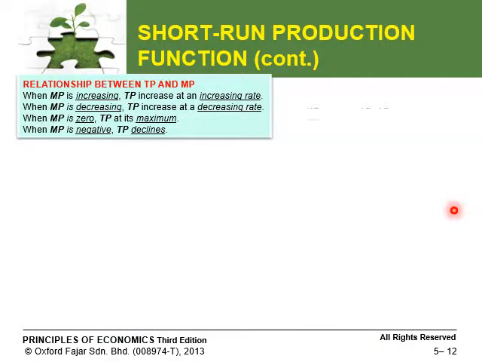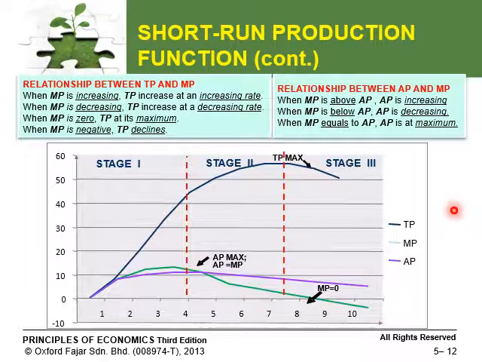Based on the previous slide, where the table shows the 3 stages of short run production, this slide shows you the 3 stages of the short run production function in a graph figure. For the first stage, where the amount of total production increases, what happens to the marginal production?